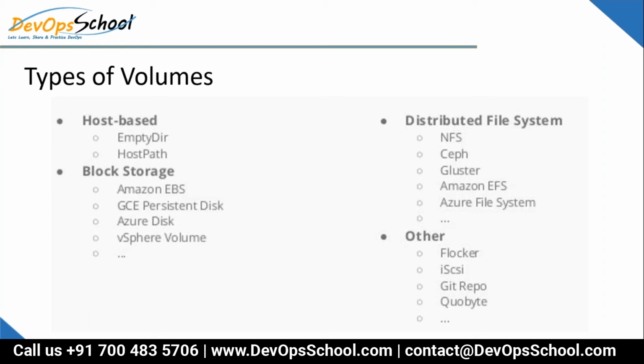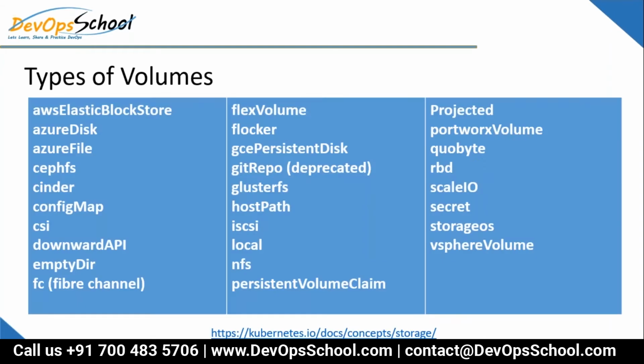So these are the category-wise volume plugins you can use. If you want to see the full list, you can revisit the last URL on the screen and check it out. One or two additions may have come in the last six months.